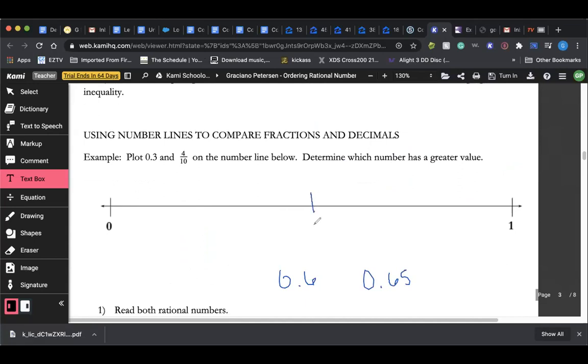We're going to call it 0.5. And let's say in between 0.5 and 1, what's halfway in between a half and a dollar, or 50 cents and a dollar? 75 cents. Okay.